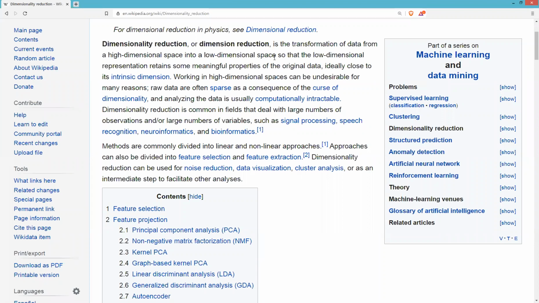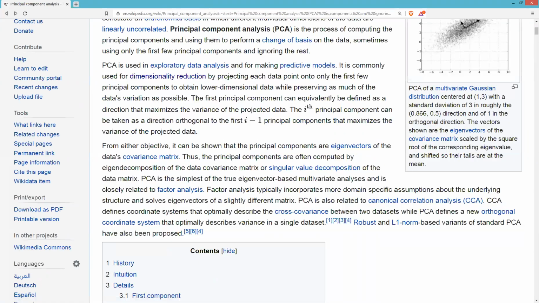So dimension reduction is the transformation from high dimensional space into low dimensional space so that the low dimensional representation retains some meaningful property of the original data, ideally close to its intrinsic dimension. Okay, so let's go back.